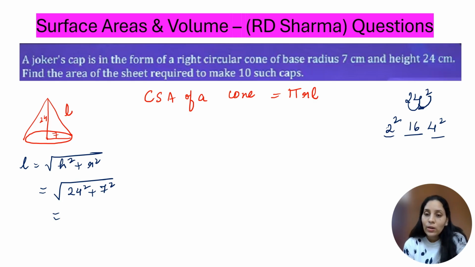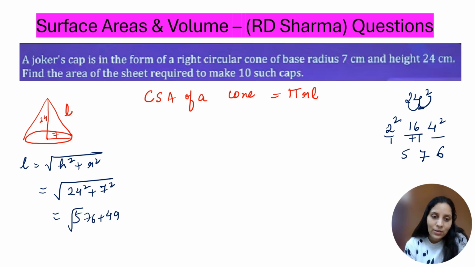Alright, now 4 square is 16, 6 we will write here, 1 carry to the previous one. Now 16 plus 1 is 17, again I'll write 7 here and 1 carry to the previous one. 2 square is 4, 4 plus 1 is 5. So this is 576 plus 49, which will be root 625, which is equal to 25.